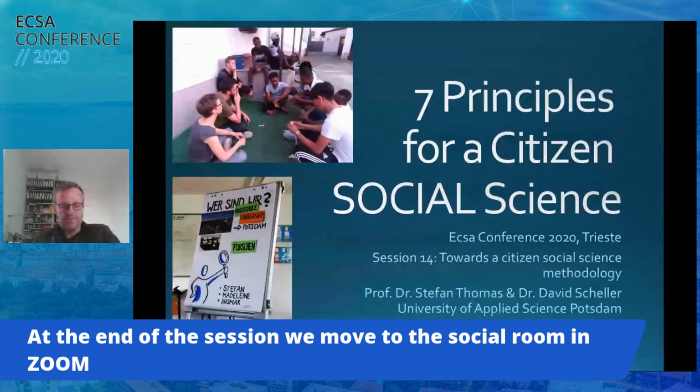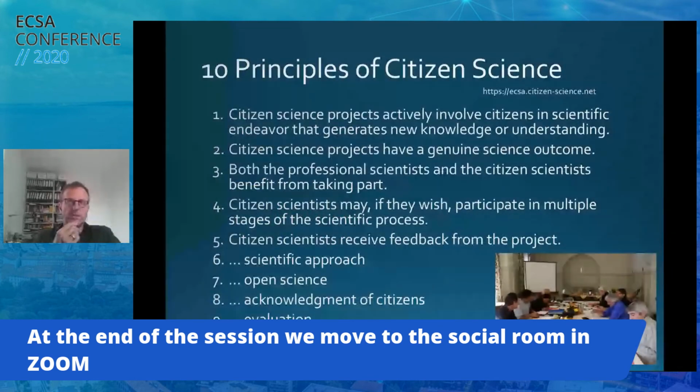I have to switch my slide. Yeah, these are the 10 principles of citizen science. First, citizen involvement in research is important. Second, a focus on a science outcome. Yeah, that's really scientific work with an outcome. Third, both sides, citizens and scientists, must be able to benefit.